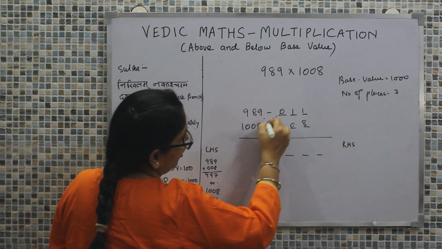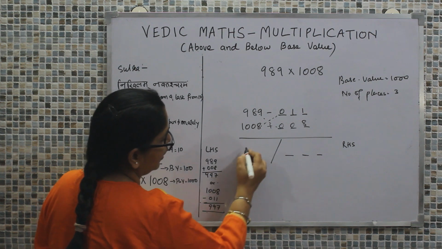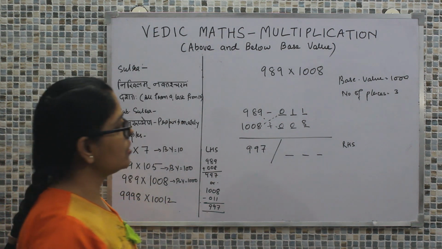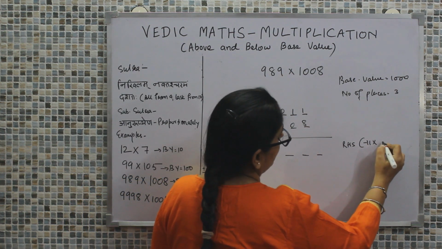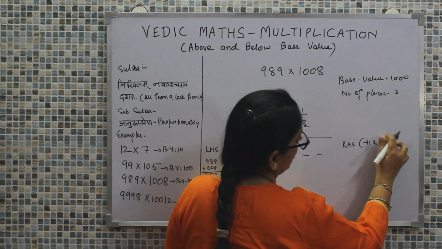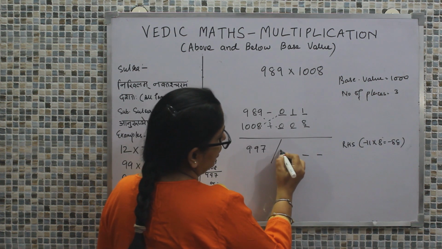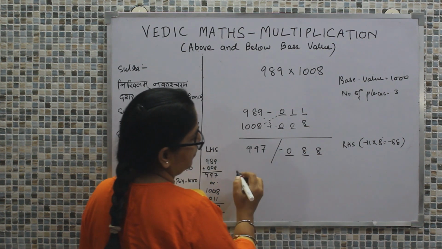Okay, so we have the same answer, 997. So we have the LHS portion. Now let's come to the RHS portion. RHS would be minus 11 into plus 8, and that will come out to be minus 88. Minus 88 needs to be written as minus 088.